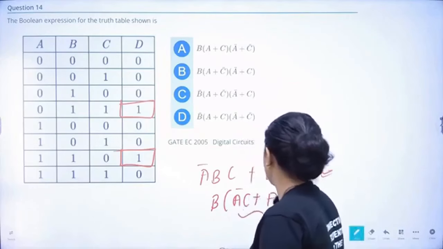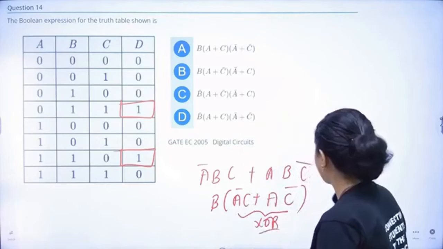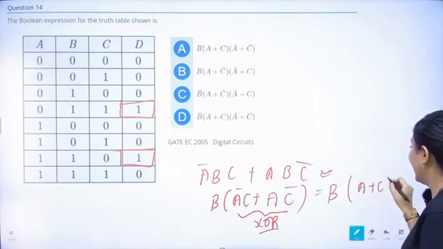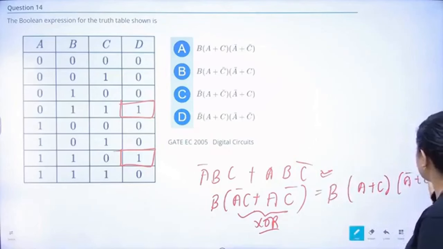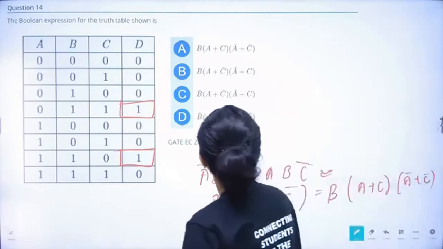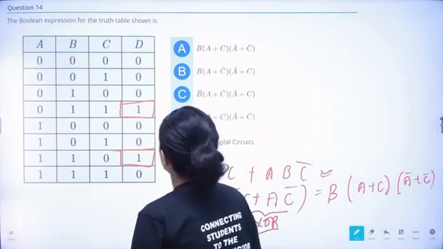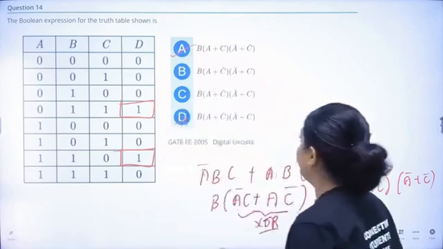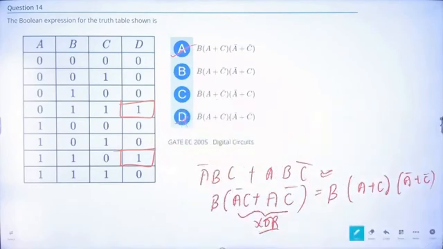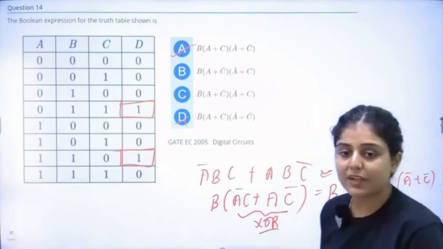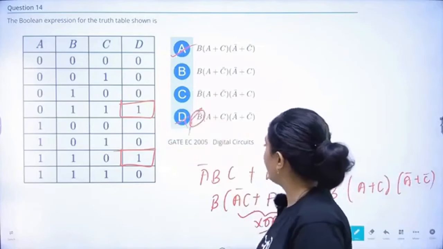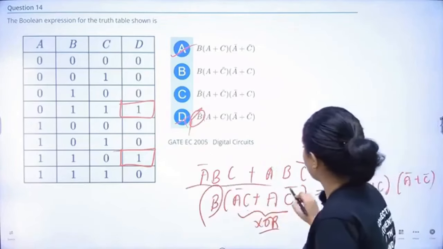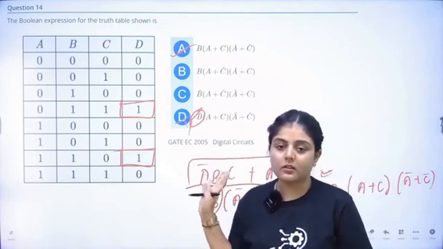Now this is what? XOR only. If we write it in terms of XOR, it will be A XOR C. The option number B was our answer. Basically, they were asking this, but the options were not given in this pattern.